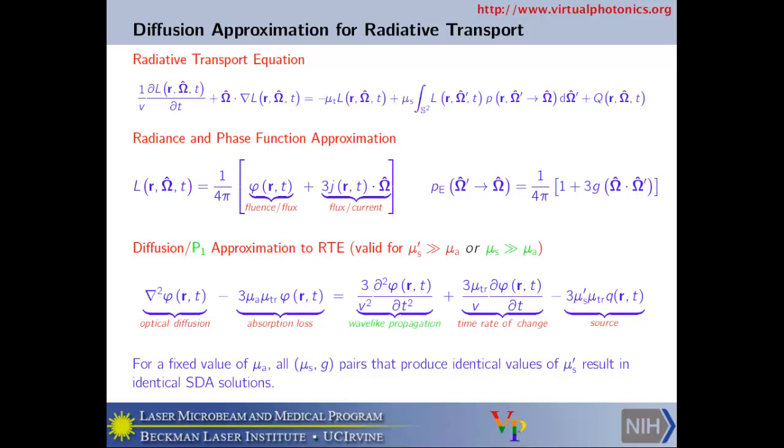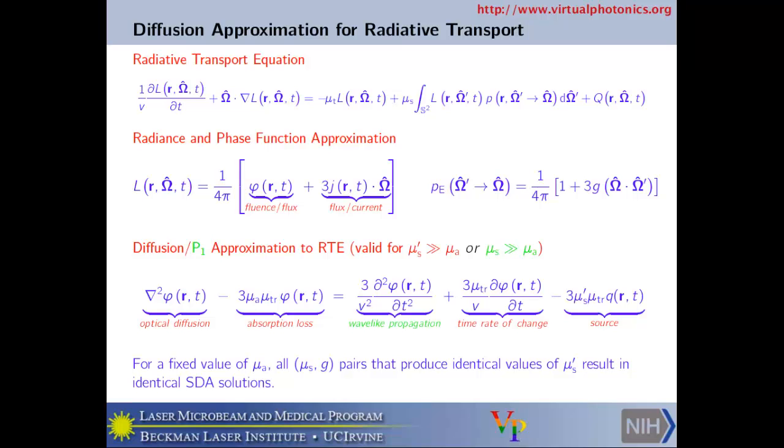When scattering is gone, mu tr is mu a plus mu s prime, with mu s prime equal to 0, so it becomes 3 times mu a squared. The spatial decay would be the square root of 3 mu a squared, or 1.7 times mu a.